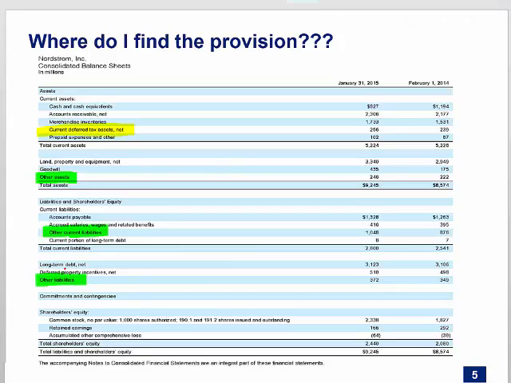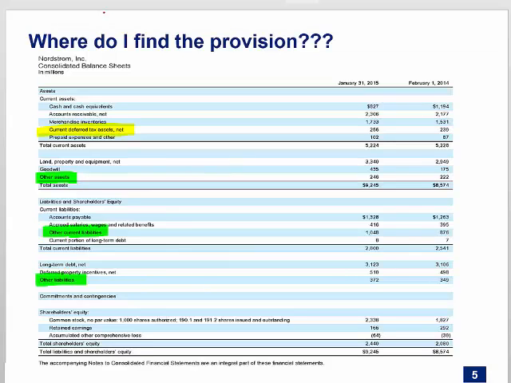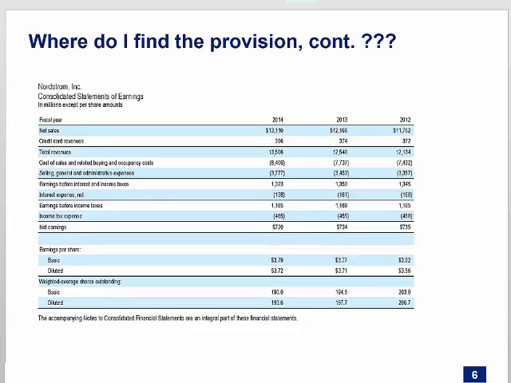So to the extent that we were to peel the onion on those amounts that I shaded in green, I think you would find that there are tax balances netted within those. They're just not material enough to state separately. Okay, so that's where you're going to see the balance sheet side of income tax accounting. And then if we move to the income statement, the income statement is pretty straightforward. There will always be a line called income tax expense that will be right below pre-tax income and just above net earnings.